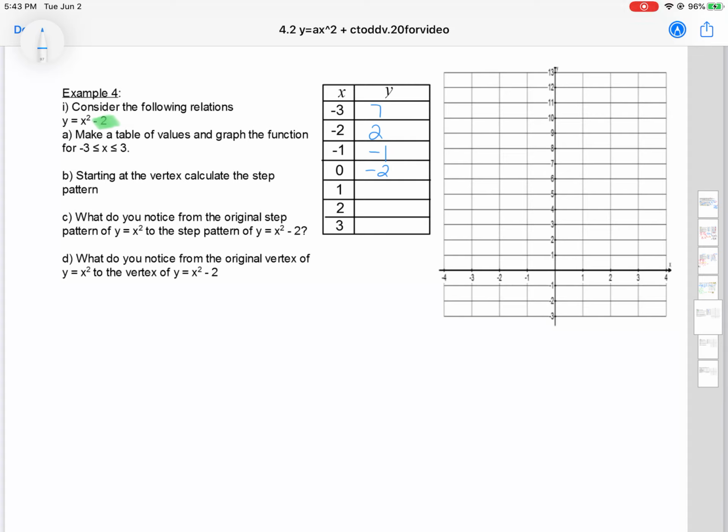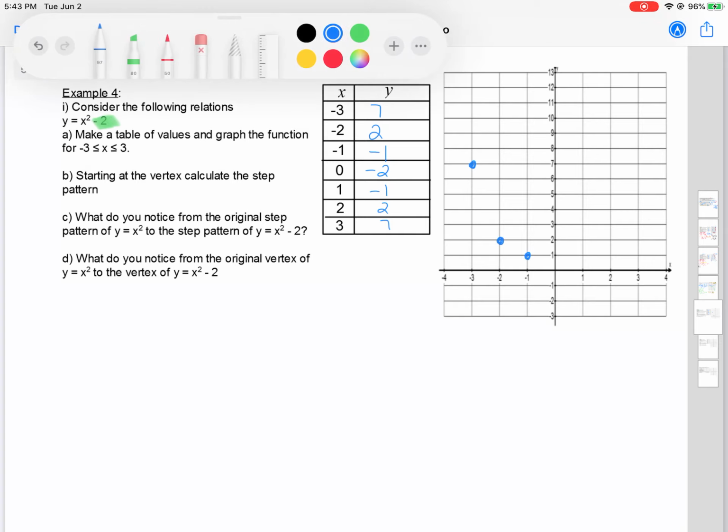So here we go. 0, 0 is not one of our points anymore, and that's going to be a big deal. Okay, so here we have negative 3, positive 7. Negative 2, positive 2.